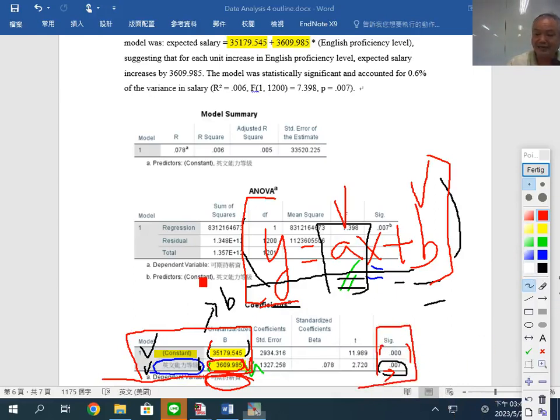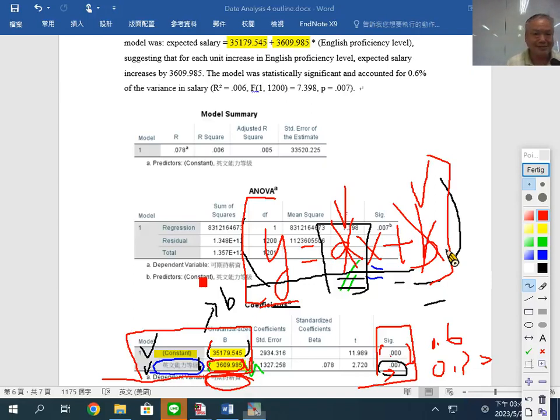If these are not significant, for example, the significant level for this one is 0.6, too high, right? And for this one is 0.32, and that is too high. So basically, we cannot accept A, we cannot accept B, right? So there is no equation, which means X, the change of X, has no impact on the change of Y. That's it. So basically, we cannot have an equation at all.